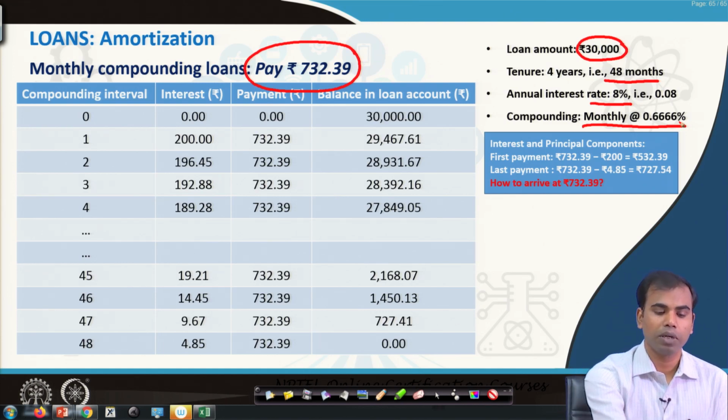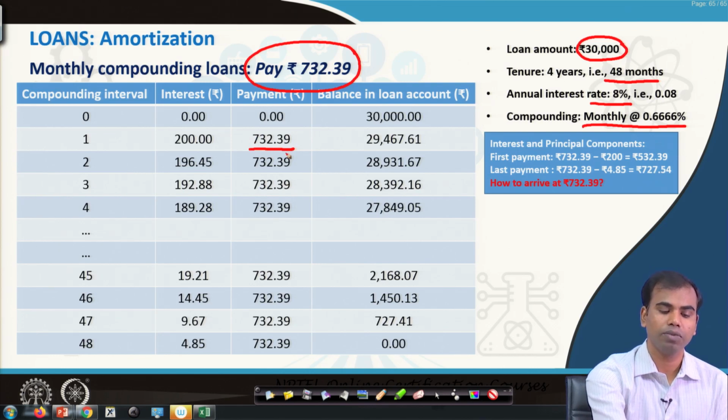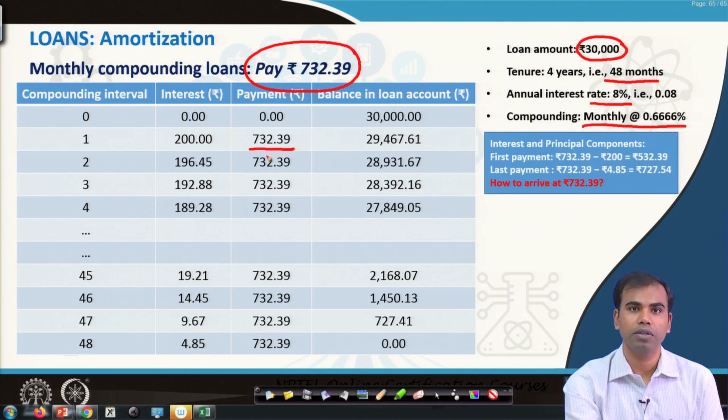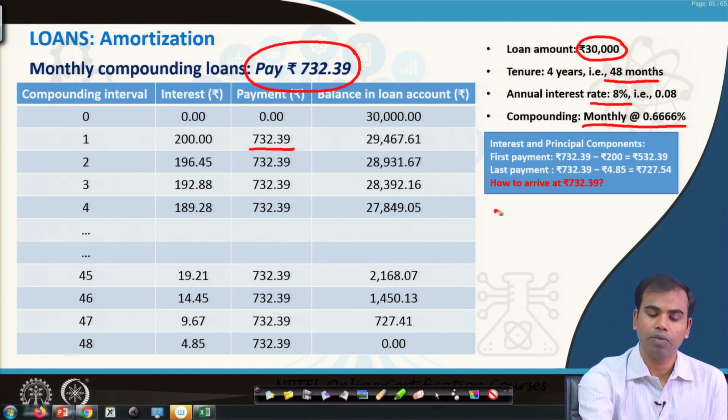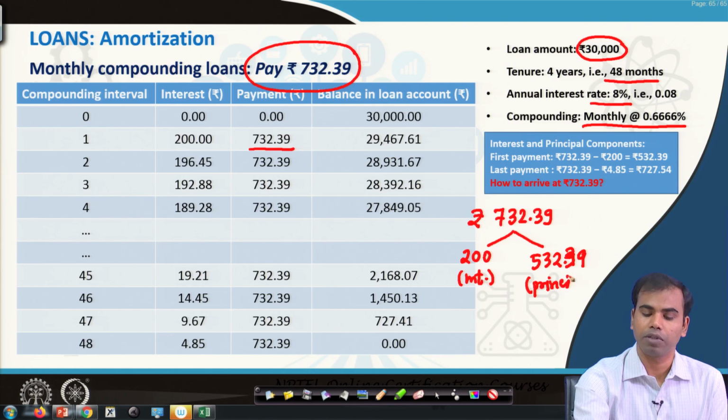Here the monthly payment goes to the lender in installments of 732 rupees 39 paisa, which means for every 732 rupees 39 paisa of payment, 200 is going towards interest in the first month, and the remaining 532.39 is going towards principal payment.